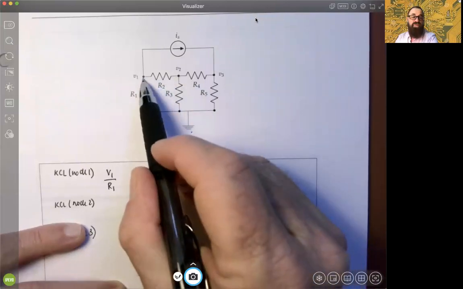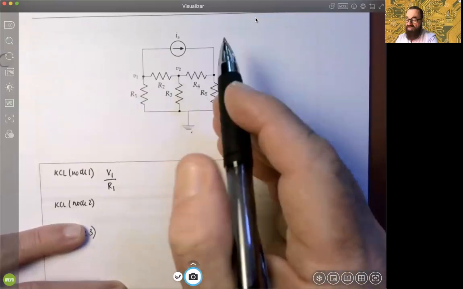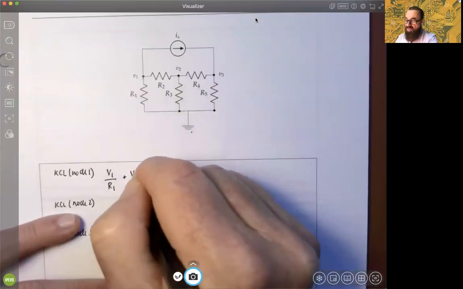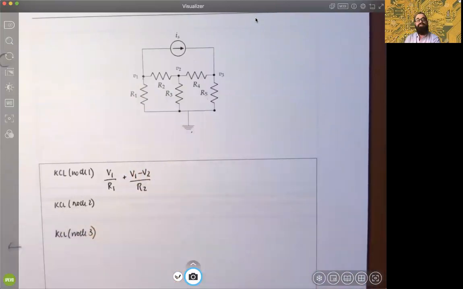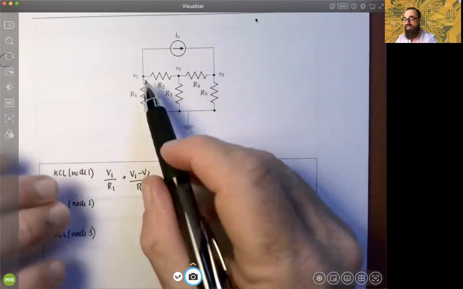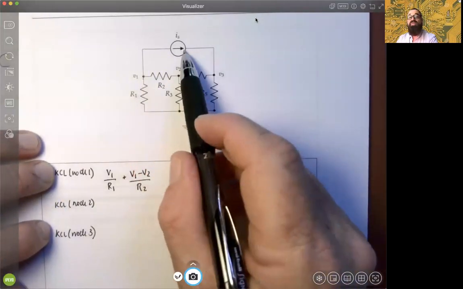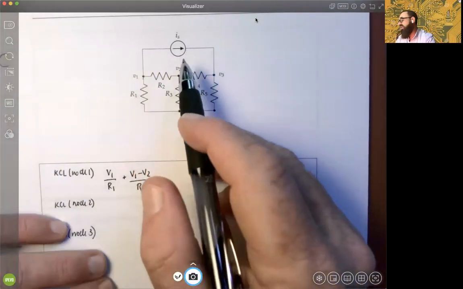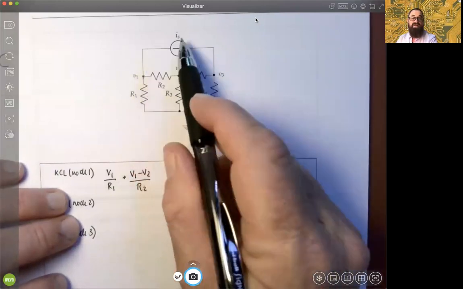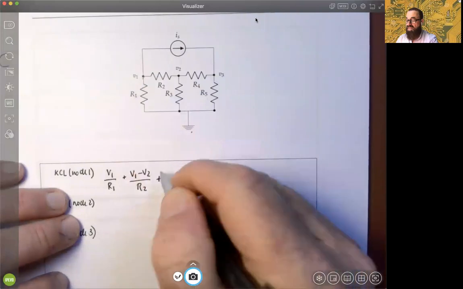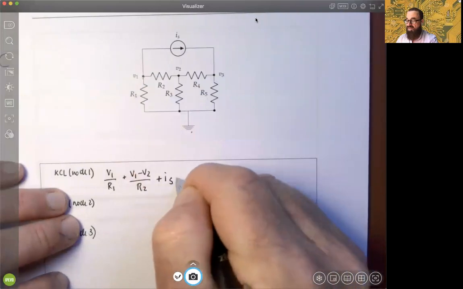Then you need to go from node 1 to node 2, the difference in those voltages. So that would be V1 minus V2, and you pass through that resistance, okay? And then finally, you do have this outgoing current, which is coming from a current source there. And it is in the right direction. It's outgoing here. So because it is outgoing, we'll just say plus IS equals 0.